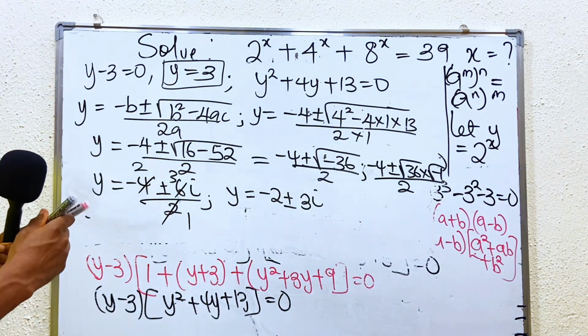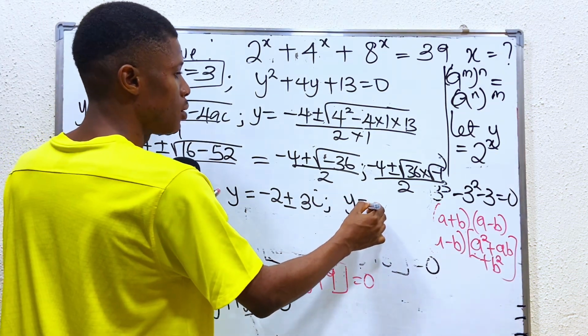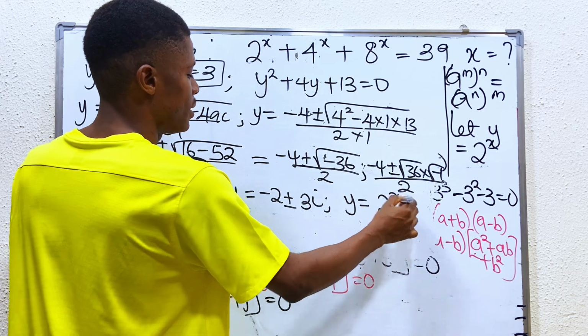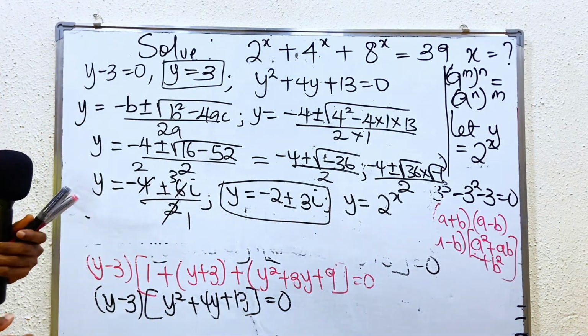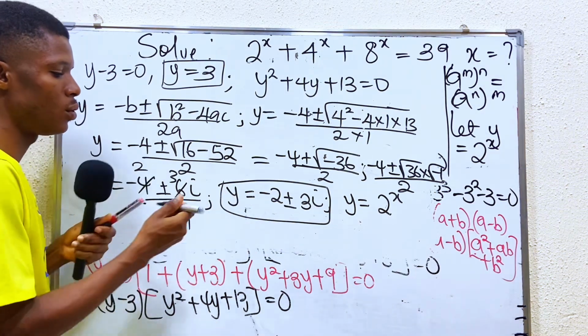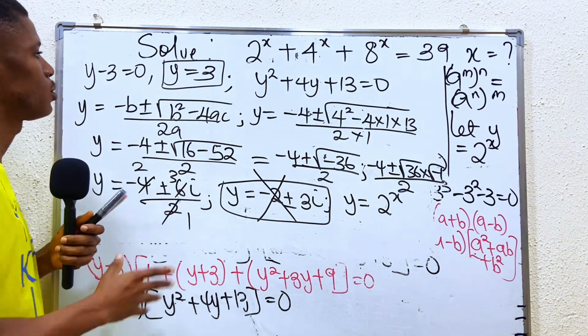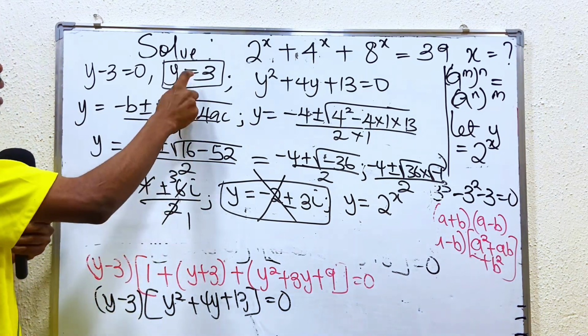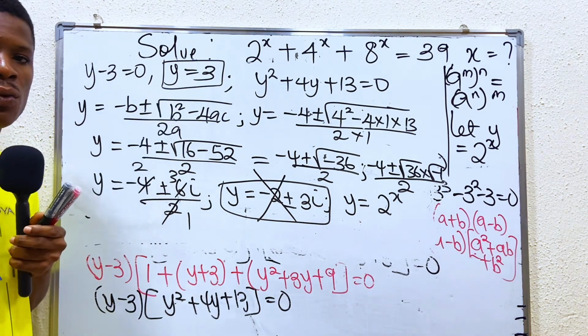But if you look well, you can see that we actually defined our y to be equals to 2 power x. So since this particular term is having a complex solution, we are not going to take this. There is no real solution, so this is actually out. We only take the real solution, which is when y is 3.